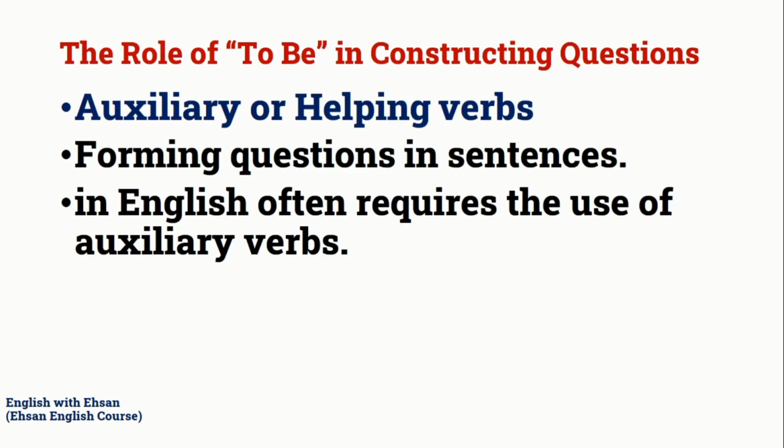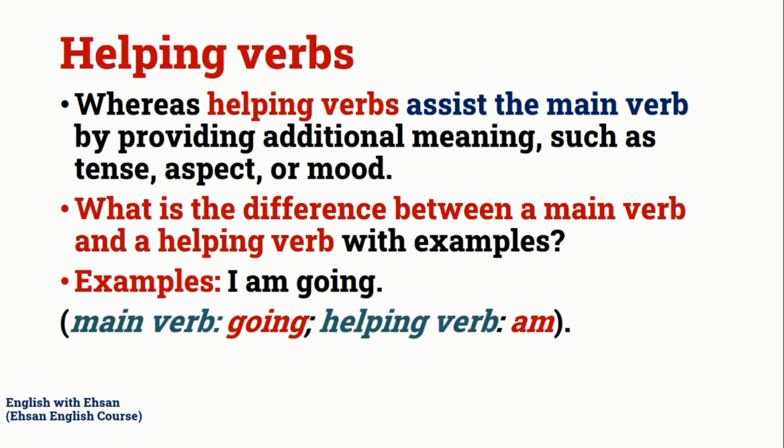Okay, the rule of to be in constructing questions: auxiliary or helping verbs. Forming questions in English often requires the use of auxiliary verbs. Auxiliary verb and helping verb are the same.